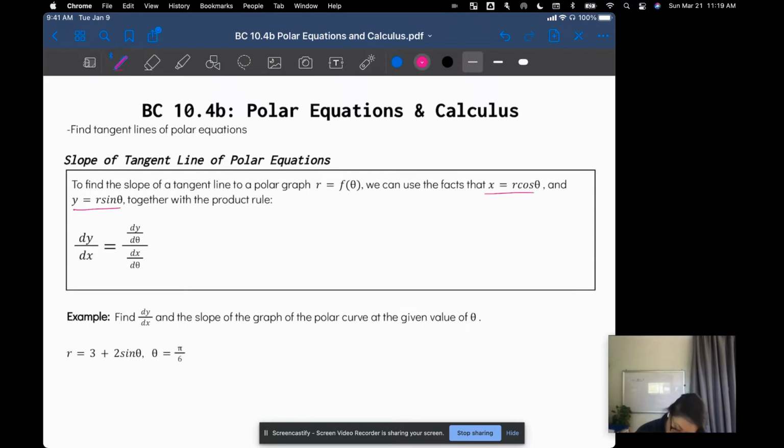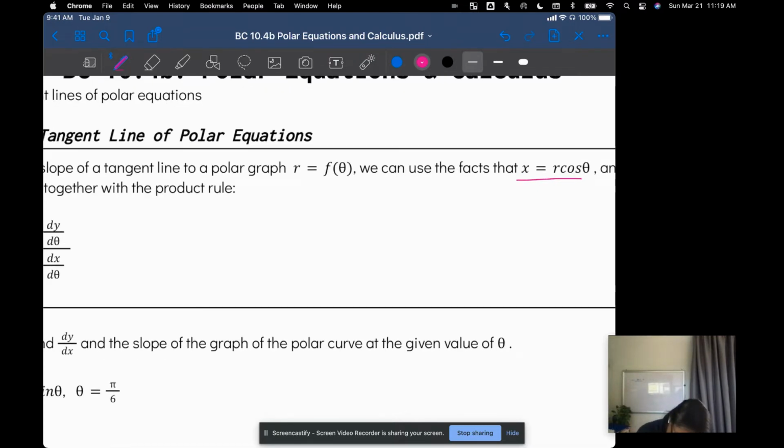So x is equal to r times cosine theta, and y is equal to r times sine theta, which we see in our coordinate plane.